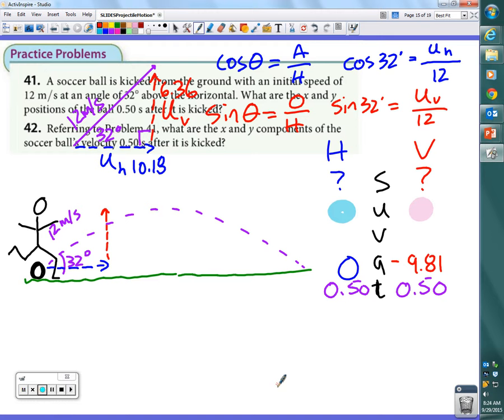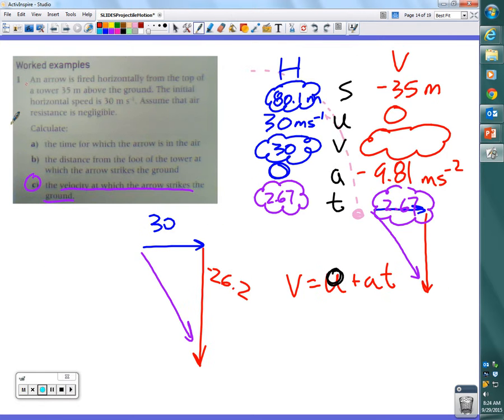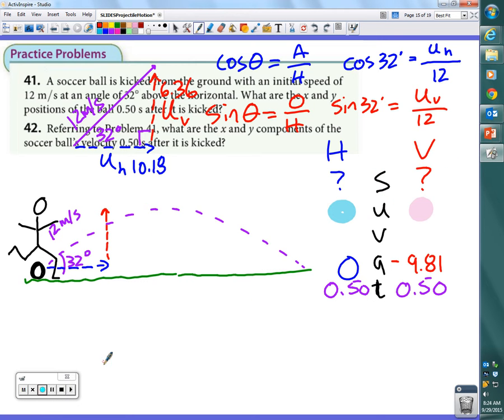Using our trig identities here. In this problem that we did yesterday at the end, we calculated the two sides of the triangle and found the resultant, or the hypotenuse. That's finding the instantaneous velocity. But in this problem here, it gave us information about the initial velocity. It gave us the hypotenuse, and then we had to use our trig identities to find the two sides of the triangle.